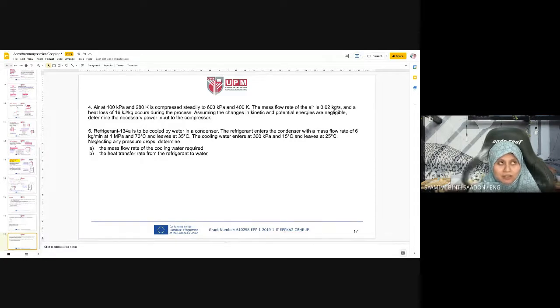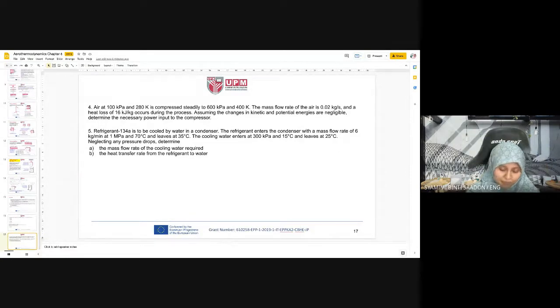So ensure the unit of temperature, sometimes it is given in Kelvin, sometimes in degrees Celsius. The cooling water enters at 300 kilopascal at 15 degrees Celsius and leaves at 35 degrees Celsius. Neglecting any pressure drops, so we assume no pressure loss. Determine the mass flow rate of the cooling water required and the heat transfer rate from the refrigerant to water.